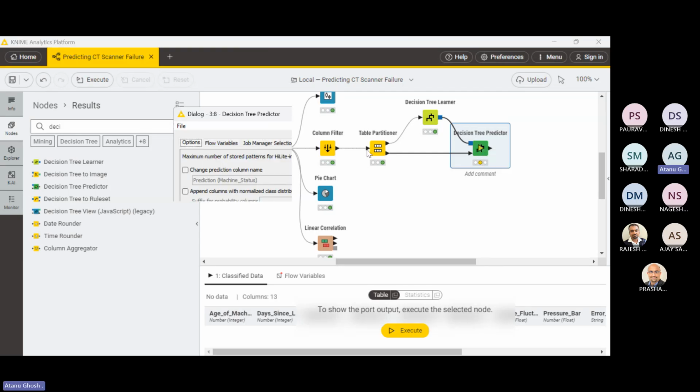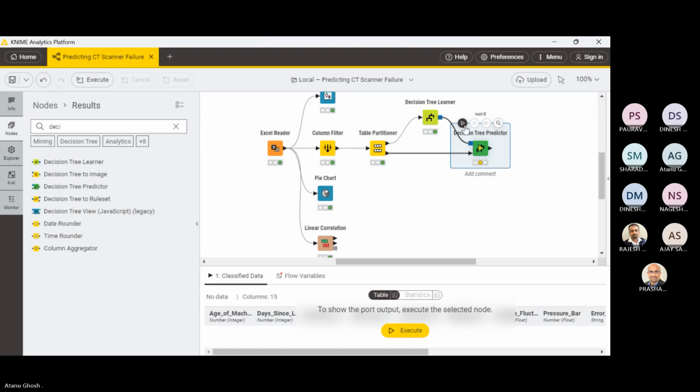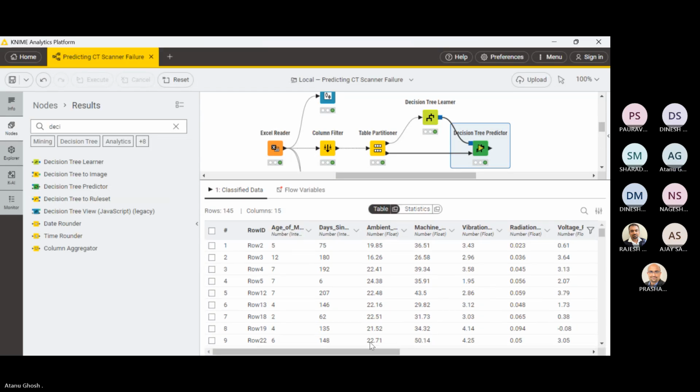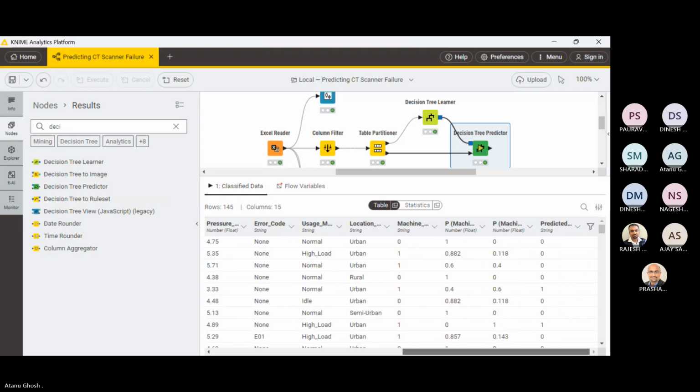So we'll take this. Here I'll just change this, the same thing as we have done in the logistic regression. We'll say predicted failure. We'll say append columns. Okay, execute. So now we have the probability of machine not failing, state equal to 0, and the probability of machine failing.